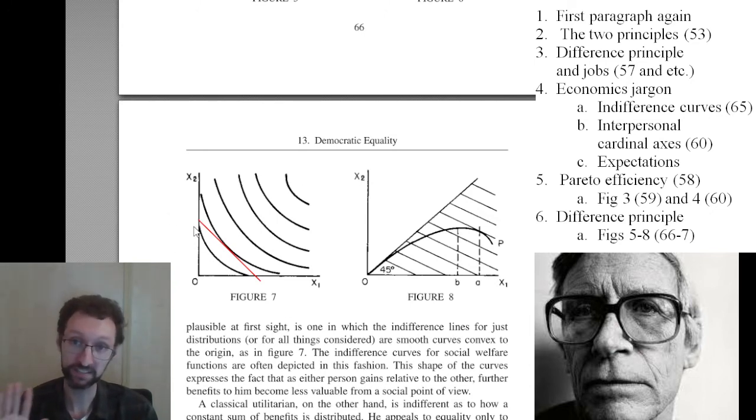The utilitarian says we can give 5 to x2, or 5 to x1, or 2.5 to each of them, or 3 to one of them and 2 to the other. I don't care. It's all the same to me because it all adds up to 5. I just want the maximum, and it's 5 no matter where you go. So fine, I'm a utilitarian. I'm fine with anything along the line.